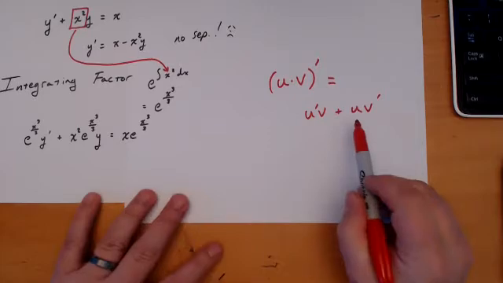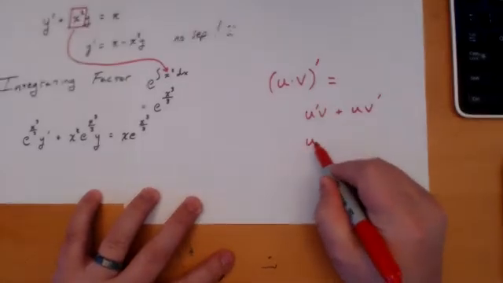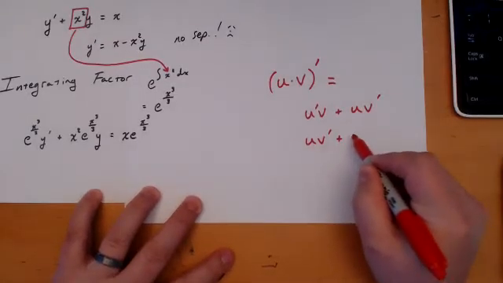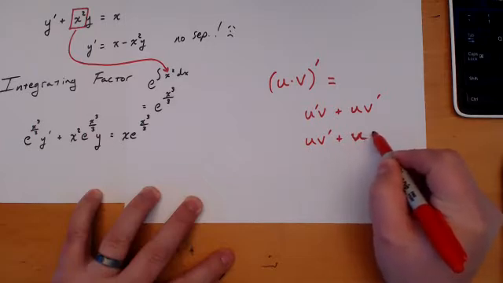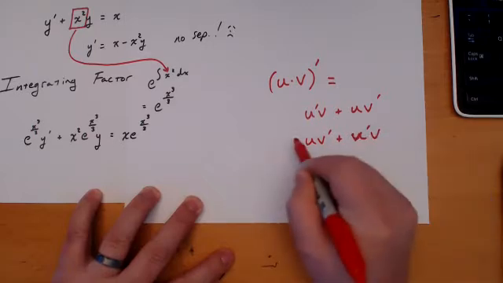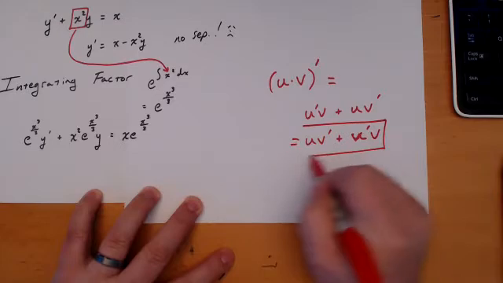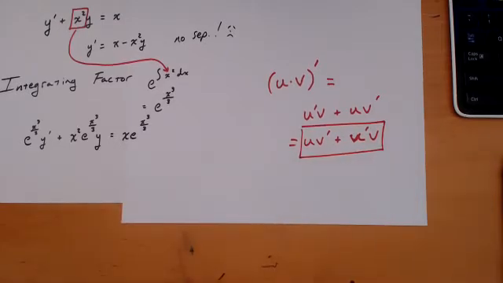Now, I have the commutative property of addition. U, keep it the same. U prime v. So I like that form for just right now.